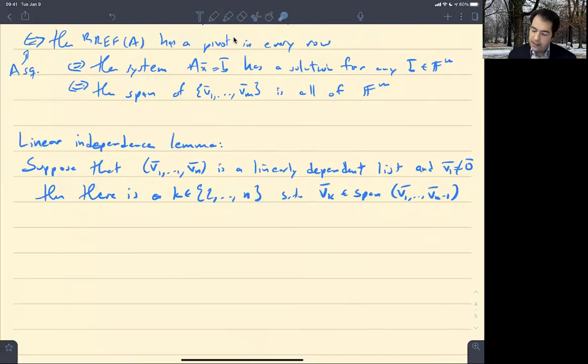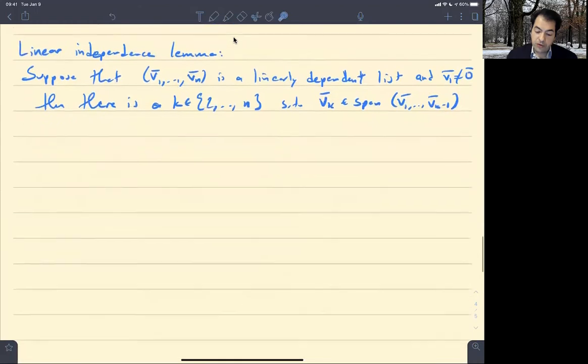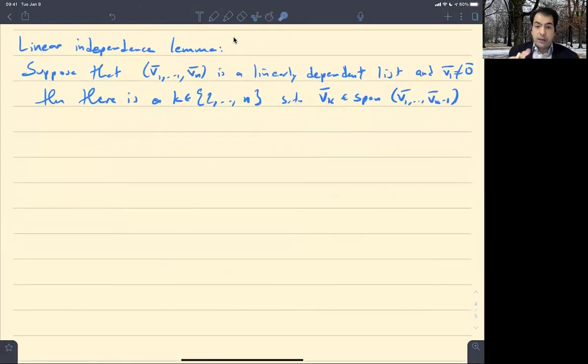So this is easy to prove. I'm not going to prove it, but you can see a proof in the book. I mean, you can just imagine that, well, if I were to make it to vn without being able to do this for any of the previous vectors, well, then vn has to be a linear combination of the other ones because I've run out of choices.